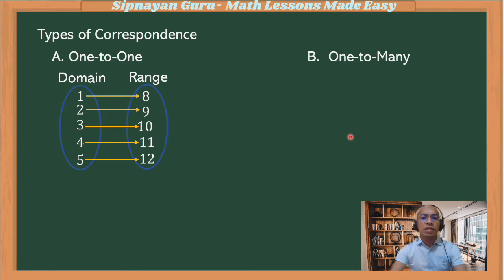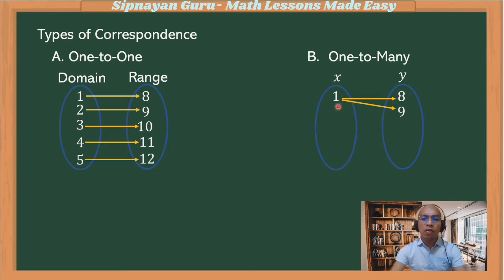There are instances where one domain element corresponds to many elements of the range. We can also call our domain the x-coordinate and the range the y-coordinate. Suppose our x is 1, so our y is 8. It could be that our y is also 9.